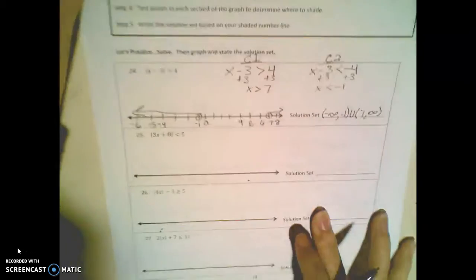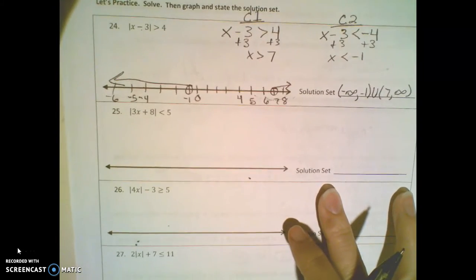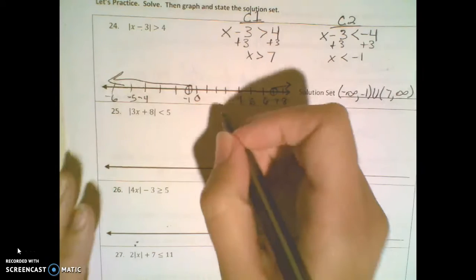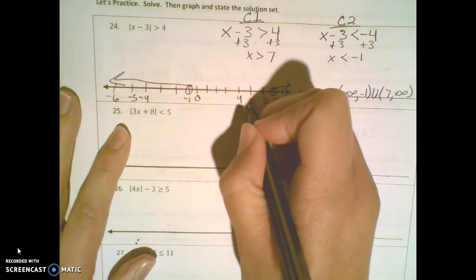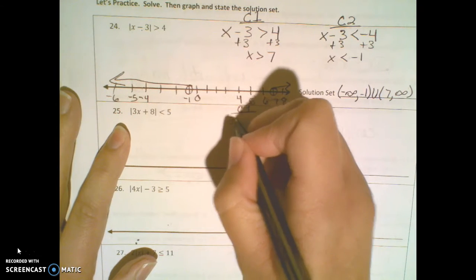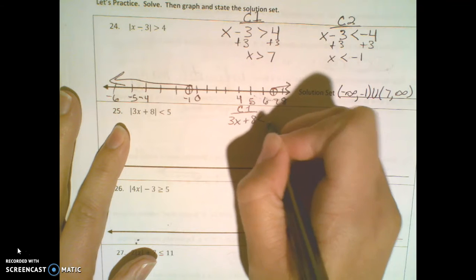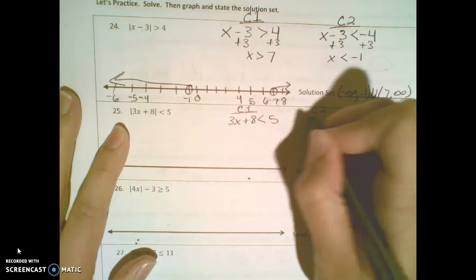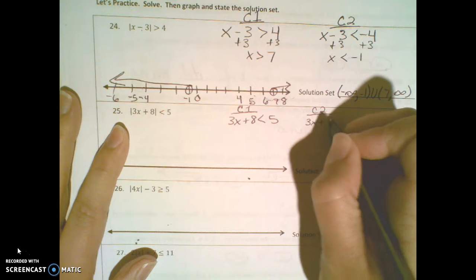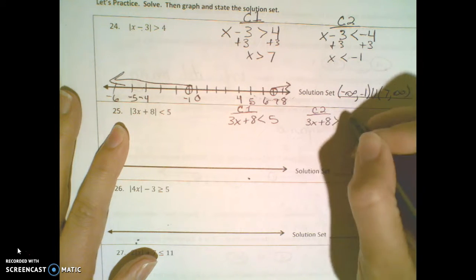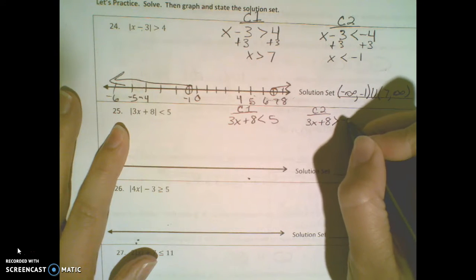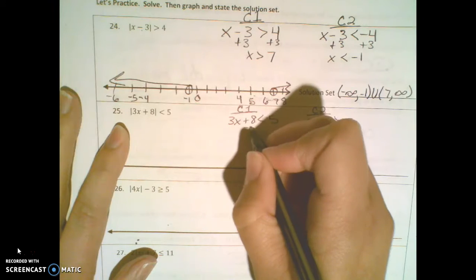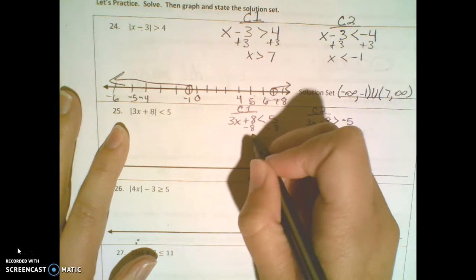And then moving on down, now we've got one where we're working from less than. So our case 1 is going to be 3x plus 8 less than 5, and our case 2 is going to be 3x plus 8, and this time we flip the sign and we make it negative. So subtract 8 from both sides.